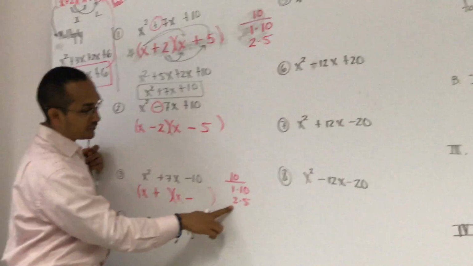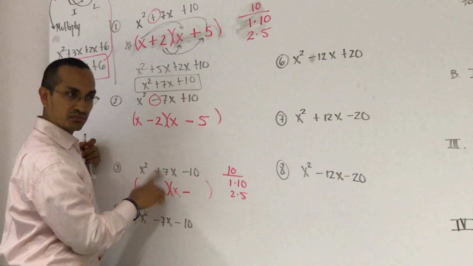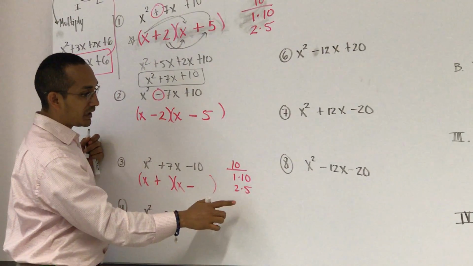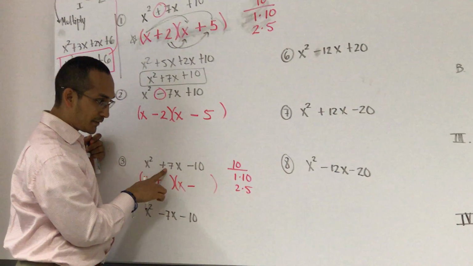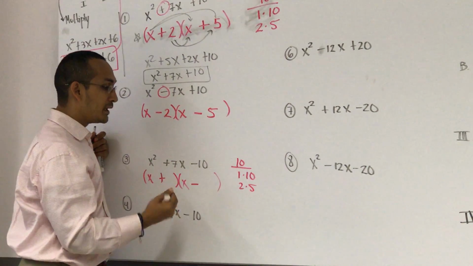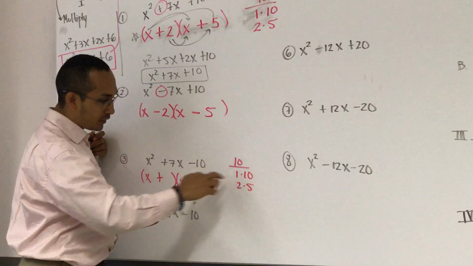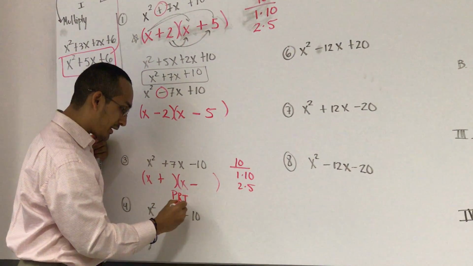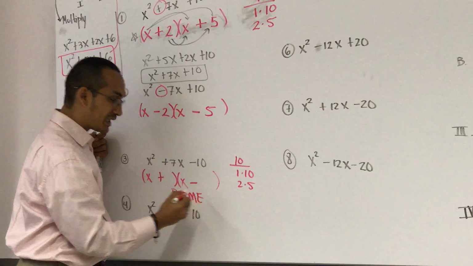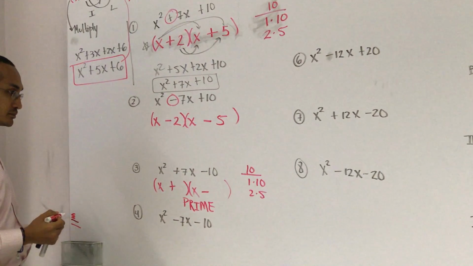If I do 5 minus 2, that gives me 3, no good. 2 minus 5, that still doesn't give me 7. 1 minus 10 still doesn't give me 7. So there's a problem here. Because there's a problem and there's no way of you doing anything else, this becomes prime. And that's what you write, prime.